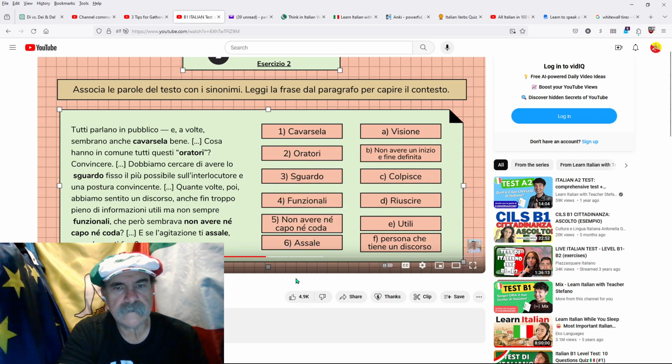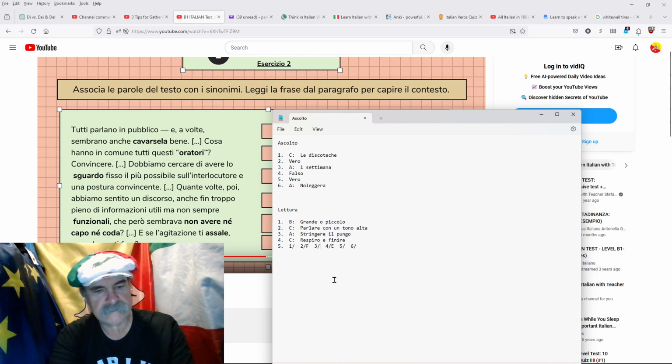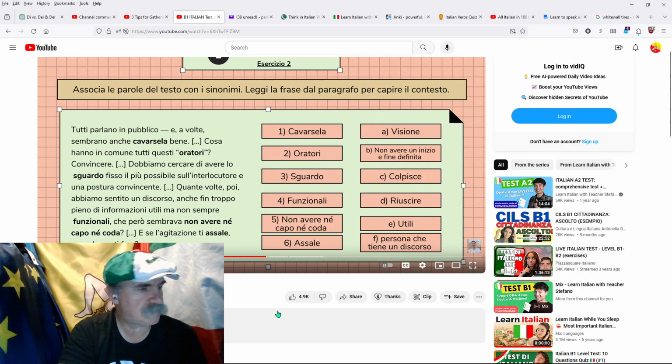Asali, I have no idea. Caversella, I have no idea. So I'm going to match 3 and A. Worst case is it's not going to be right, but I don't expect to get any of these right anyway.